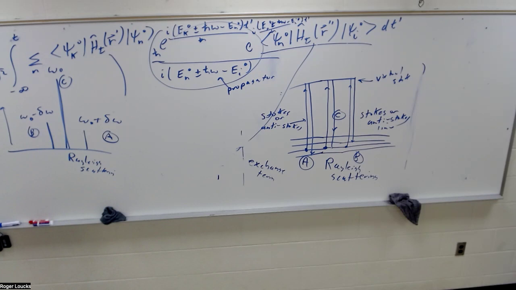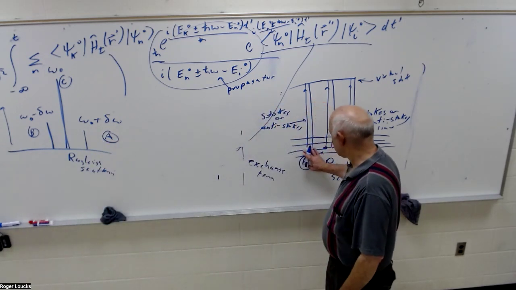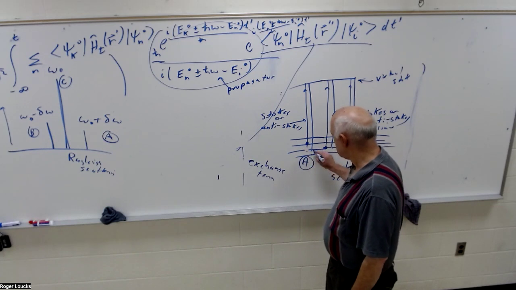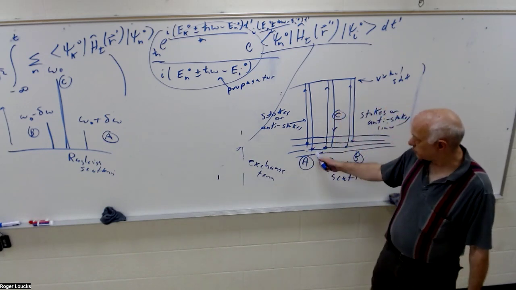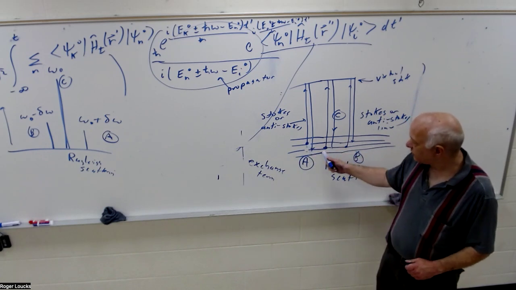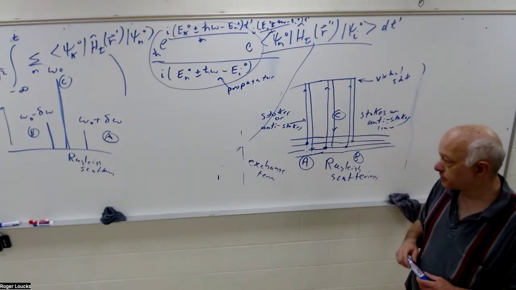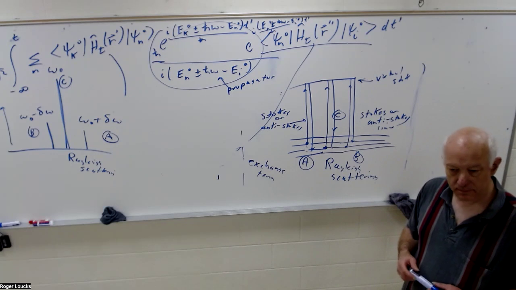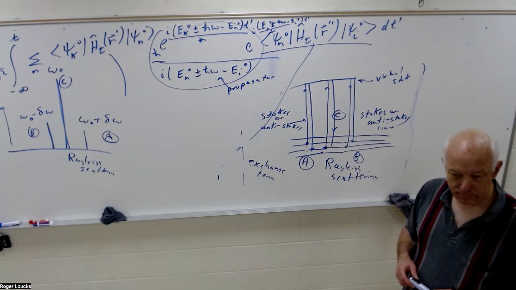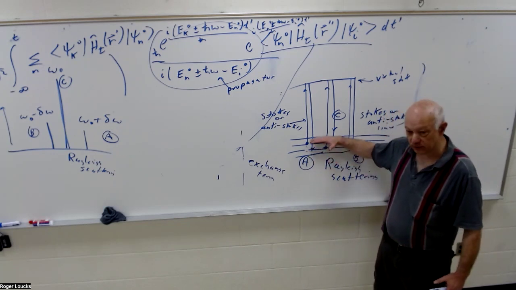I think I have to have this one up here higher. Why is this one here going to be lower? Lower energy. Now, what do you know about the probability of being filled in these states?